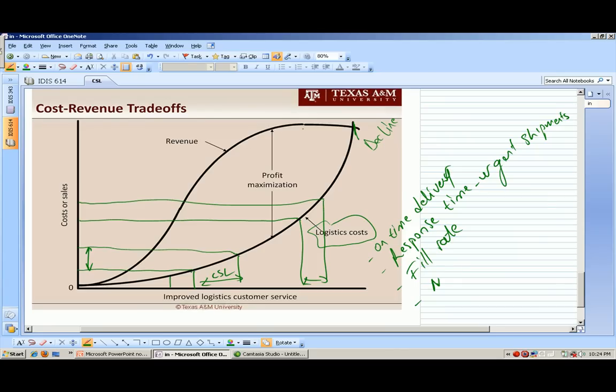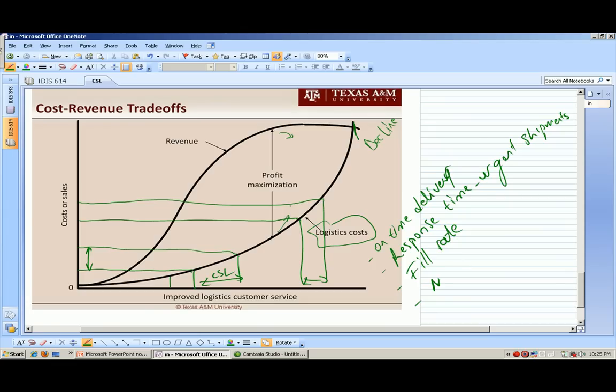But my maximum profit is at the point where the increase in the logistics cost is equal to the increase in the revenue. Because after this point, I know that the increase in the revenue is going down and the increase in the logistics cost is going up. So at this point I have the maximum.